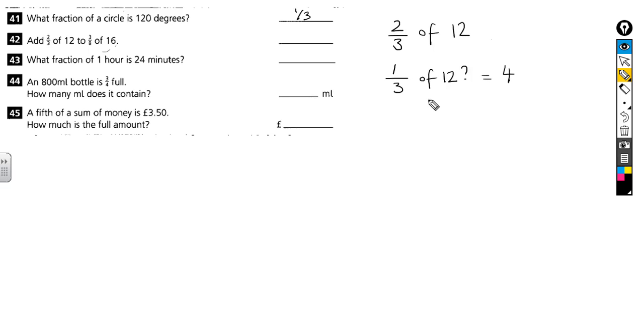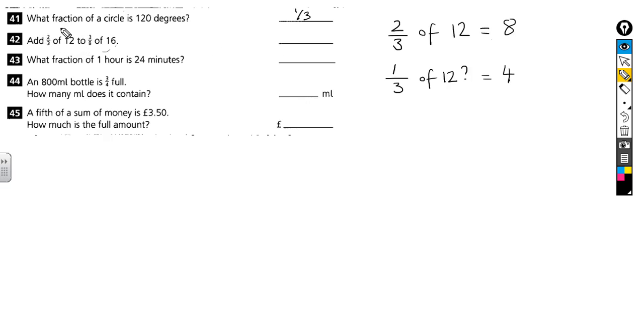So 1/3 of 12 is 4. So 2/3 of 12 must be 4 times 2, which is 8. So 2/3 of 12 is 8.